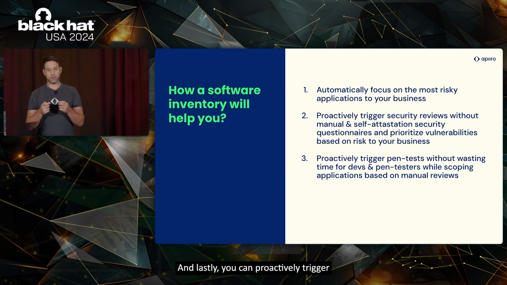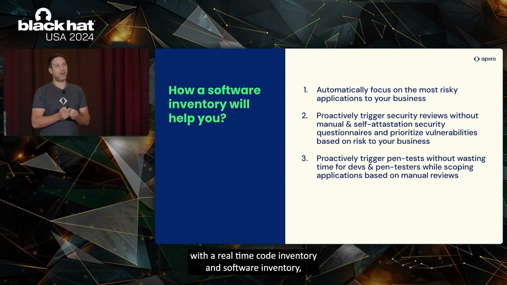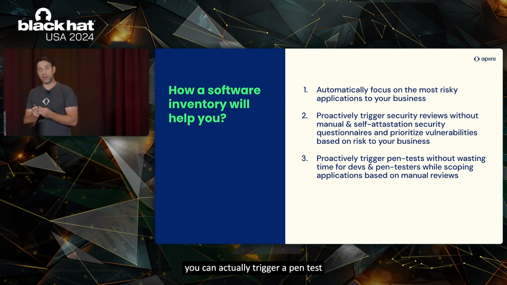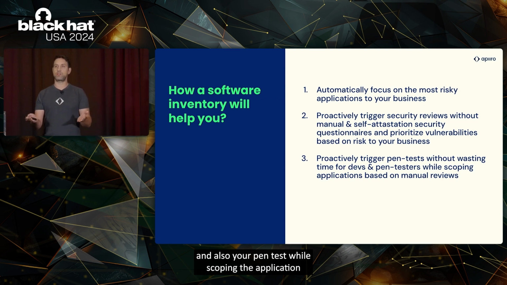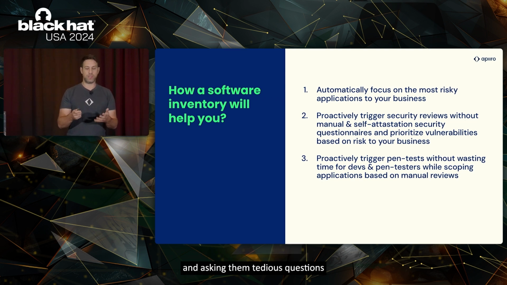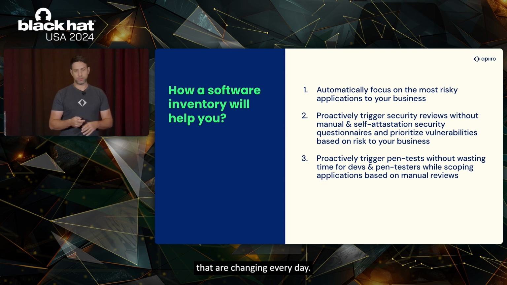And lastly, with a real-time code inventory and software inventory, you can trigger a pen test without wasting your developers' time, and without your pen testers wasting time scoping the application and asking tedious questions that are changing every day.